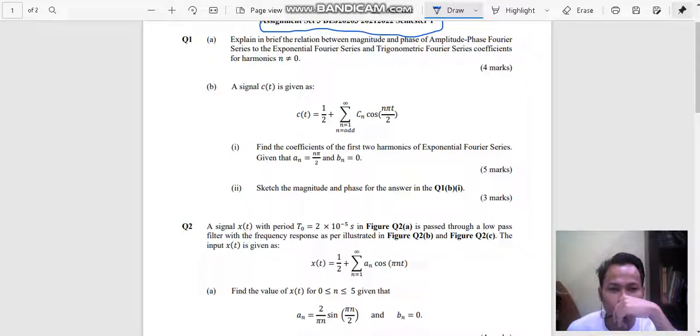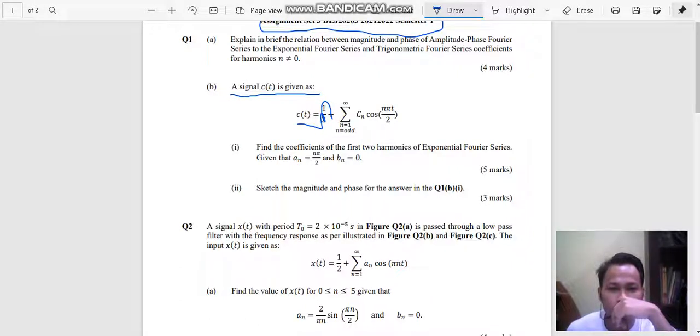For question B, the signal c(t) is given as c(t) equal to 1 over 2 plus summation from n equal to 1 to infinity of Cn cos n pi t over 2.